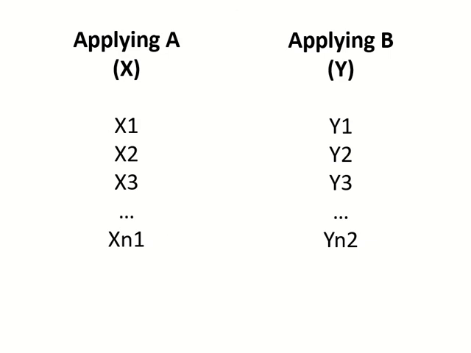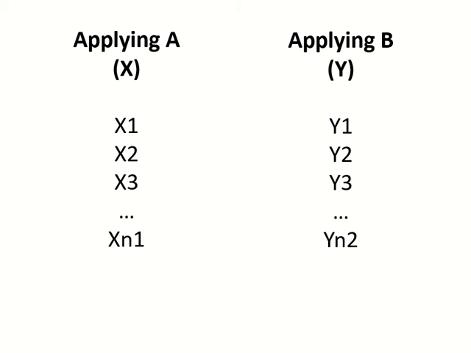Now, mathematically, after applying drug A and after applying drug B, we will see that there is some data that has been collected. After applying A, the data is x1, x2, x3, x4 up to xn1.